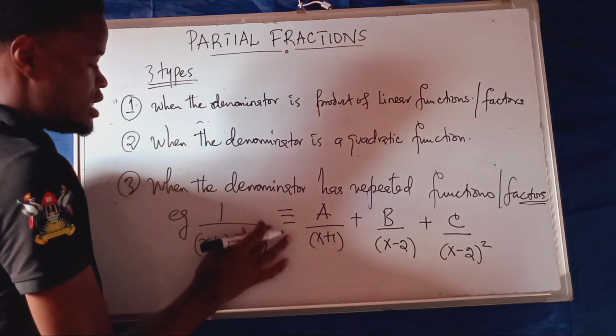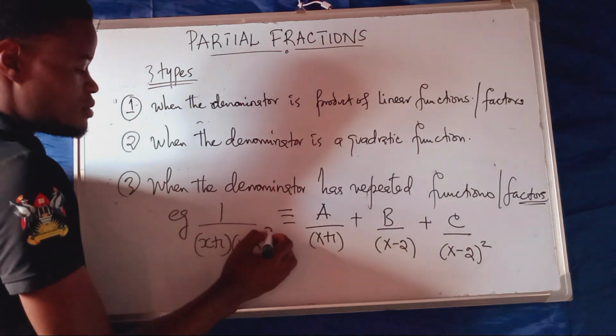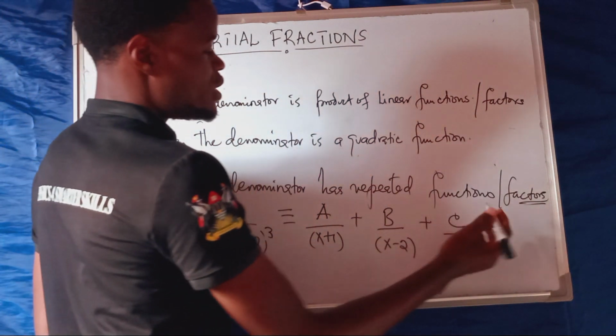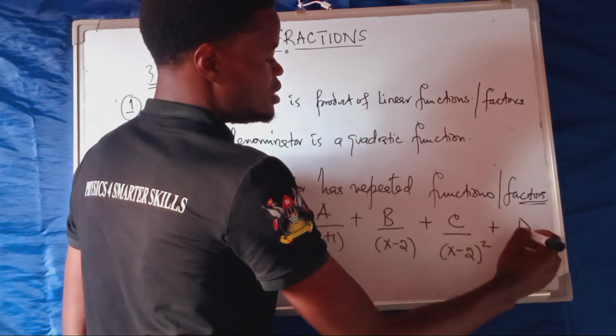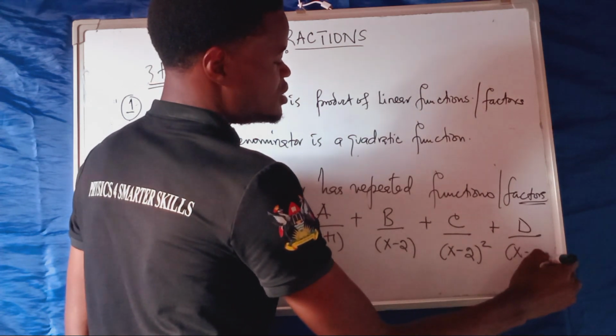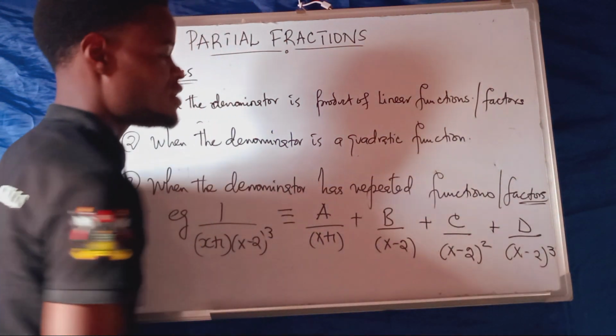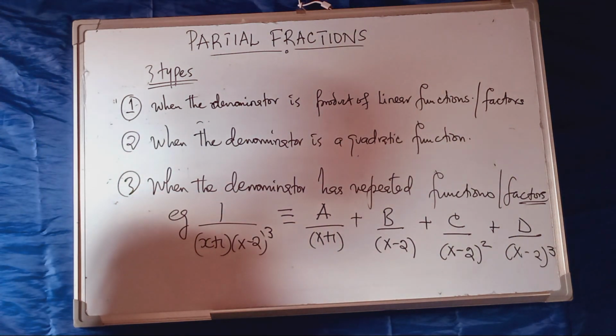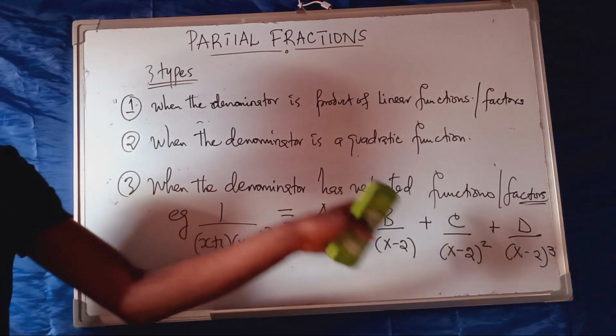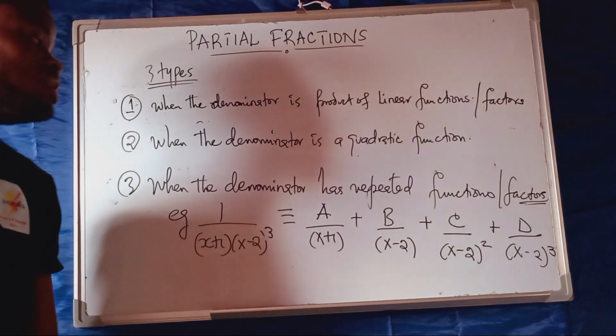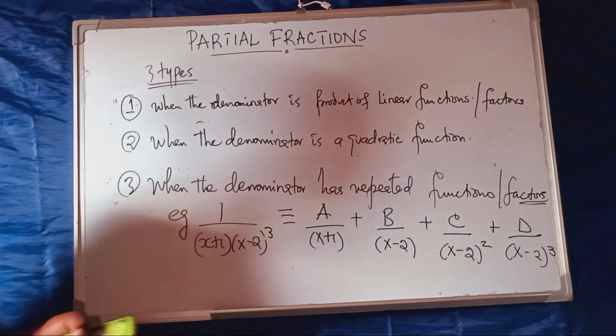So if this was power 3, then plus d out of x minus 2 power 3. And we simply solve for these constants a, b, c, and d, and they will finally satisfy this.